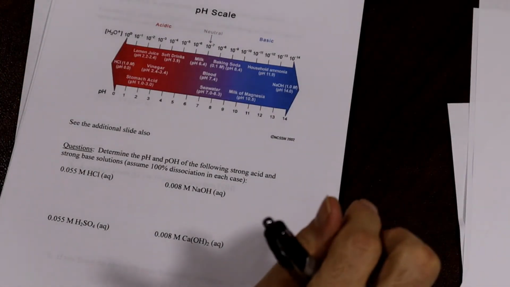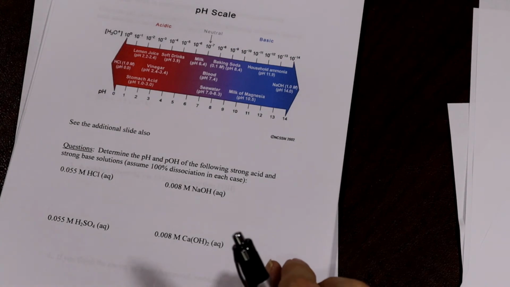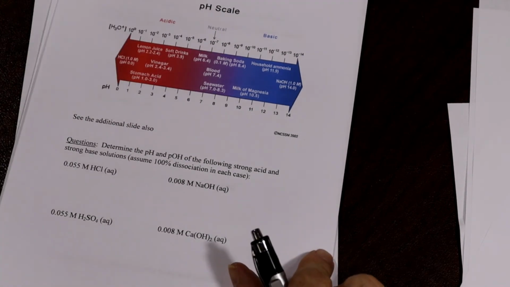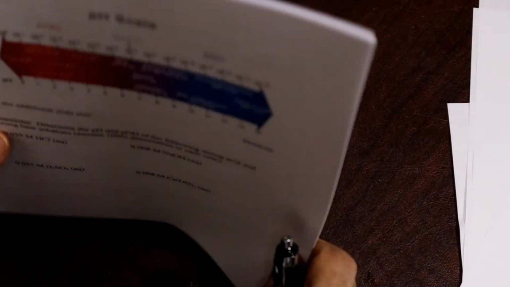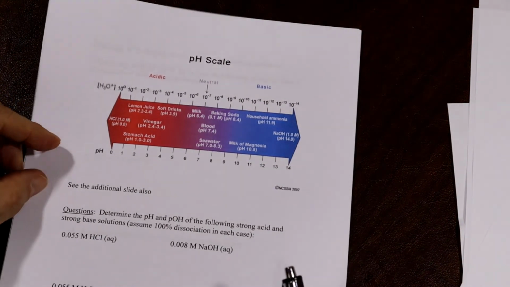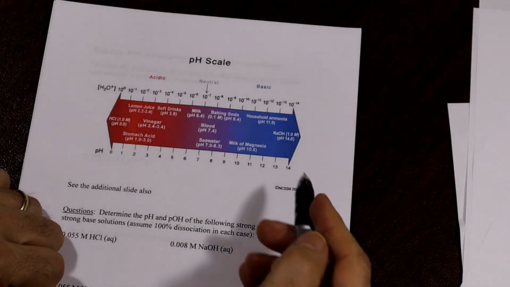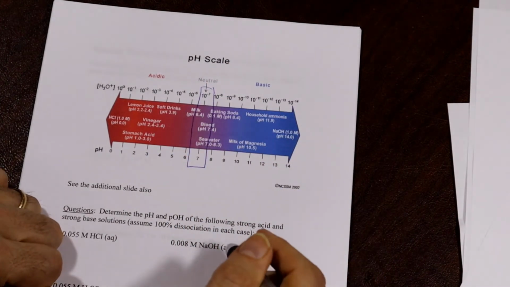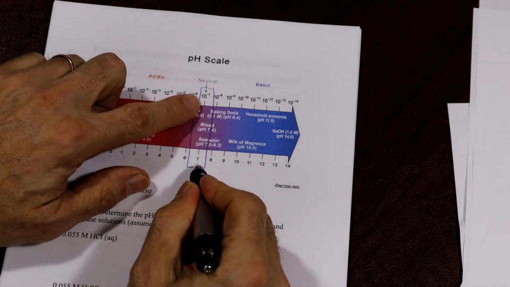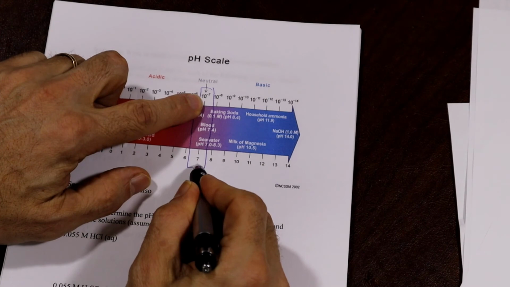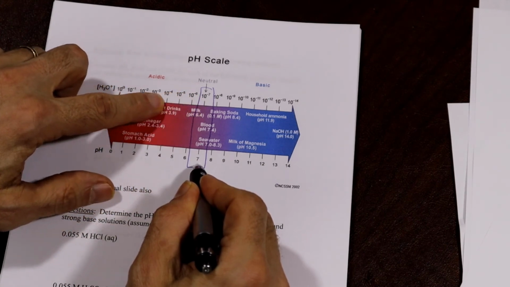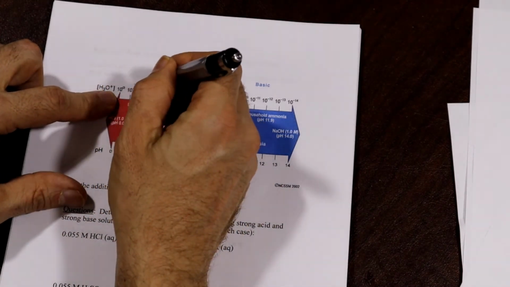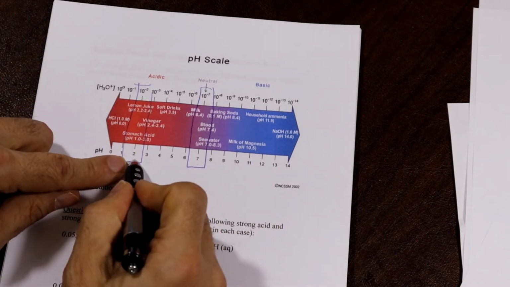If you do remember your Chemistry 100 or 101, there's the classic pH scale we like to show you. So we see the relationship now. At pH 7, the concentration of H plus is 10 to the minus 7. When we have an acidic pH, 10 to the minus 2 is a pH of 2.